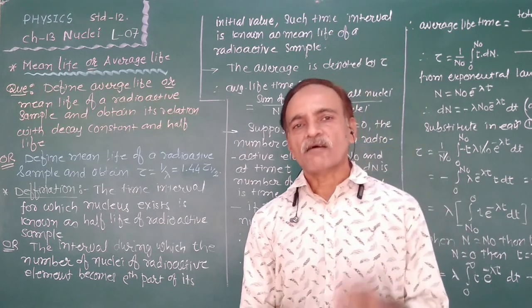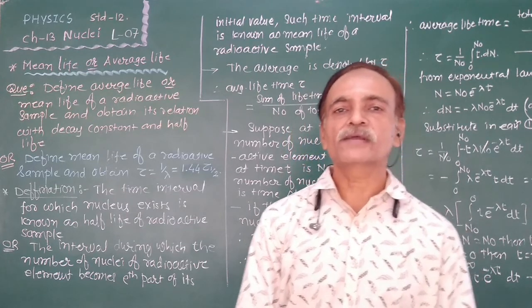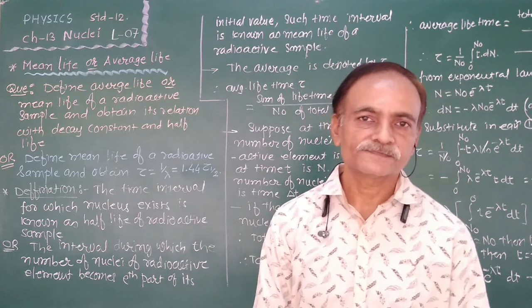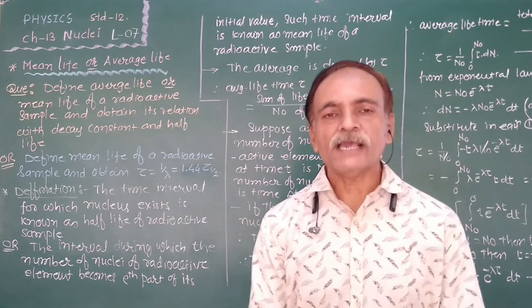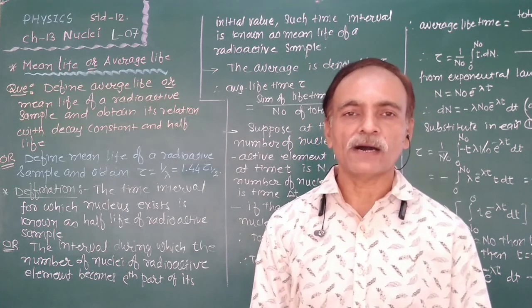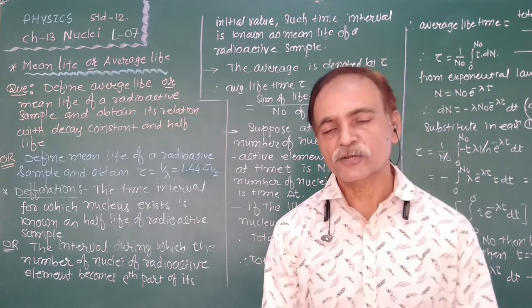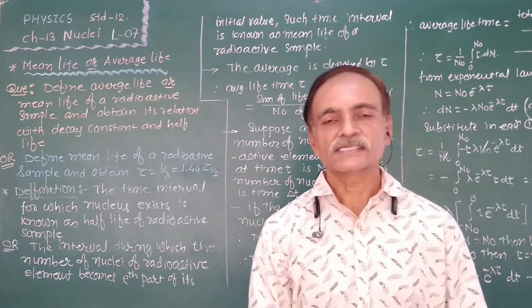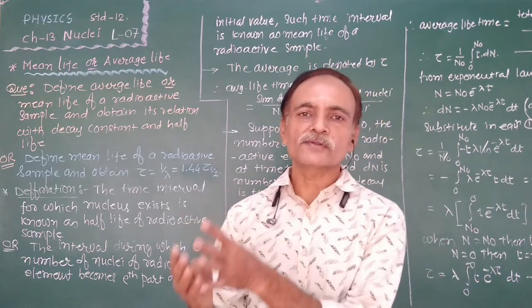This way, the unstable heavy nuclei try to obtain the stable state. Due to the emission of alpha, beta and gamma, its atomic number and atomic mass decrease. That means this nucleus is converted into another nucleus.